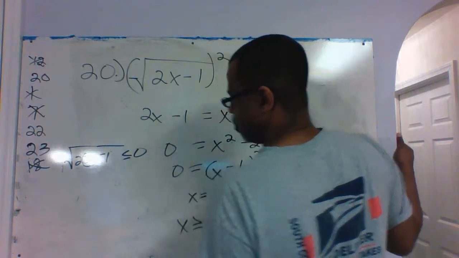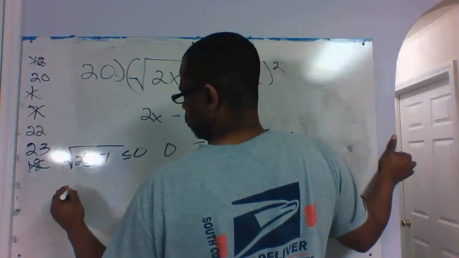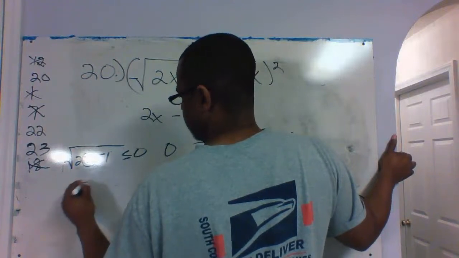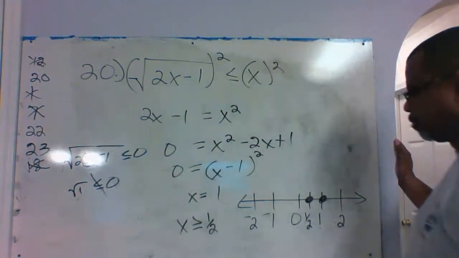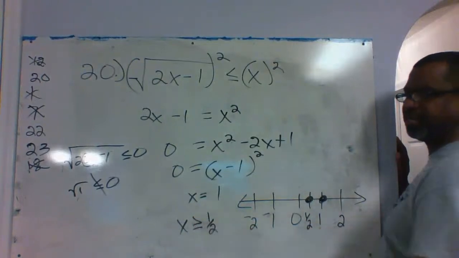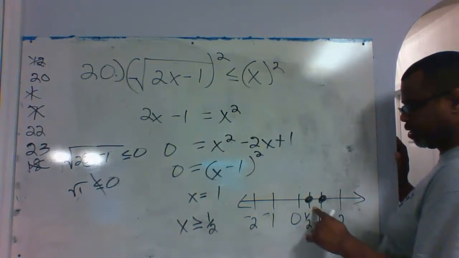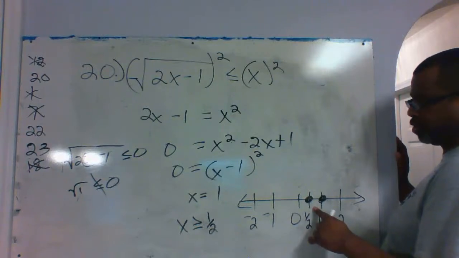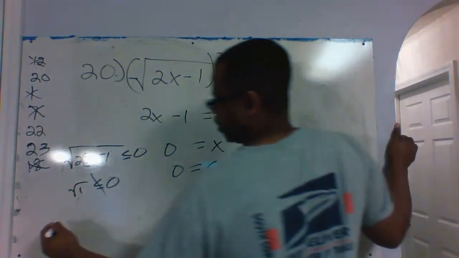Okay, so we have the square root of -1, 0. We know that's not true. So we're not shading on this side over here. So now we got to try something in between here. Would 3/4 be in between here? So we're going to try 3/4.